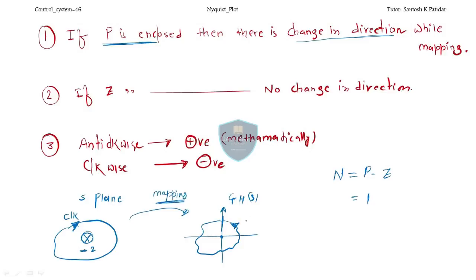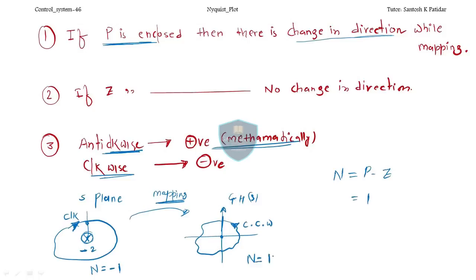Initially it was clockwise. Now it will be counterclockwise. Mathematically, anti-clockwise encirclement I'll represent by a positive sign, and clockwise is negative. Means for this system, if I check this encirclement, N is -1 because this is clockwise, and over here N is +1 because this is anti-clockwise.